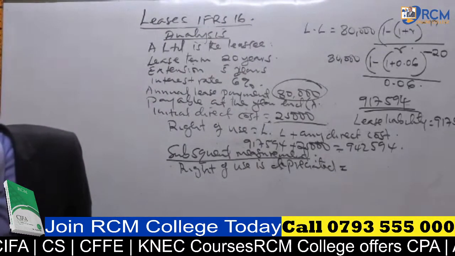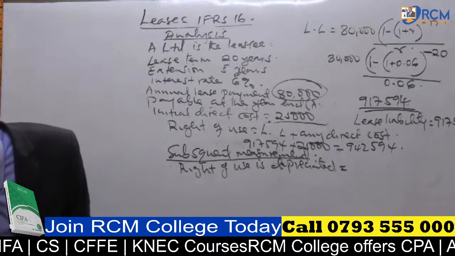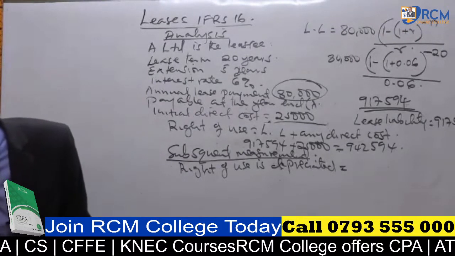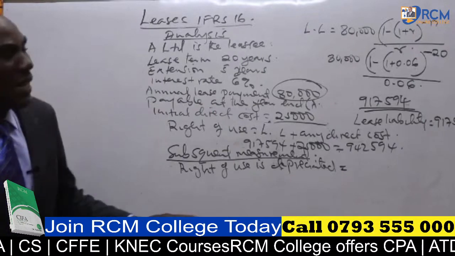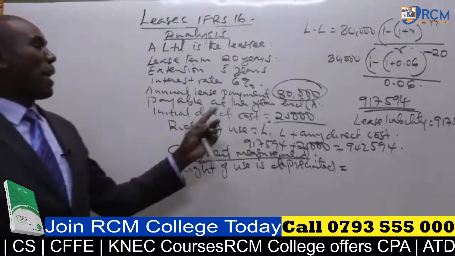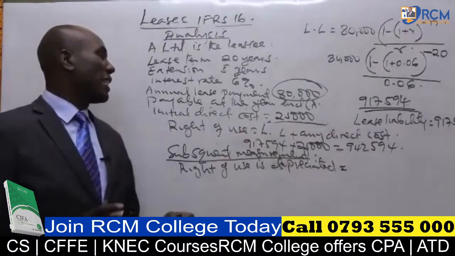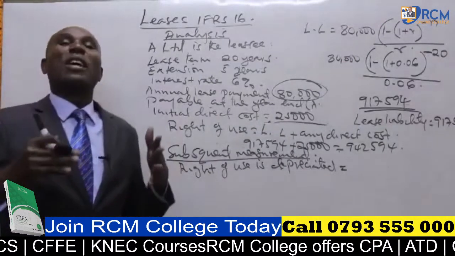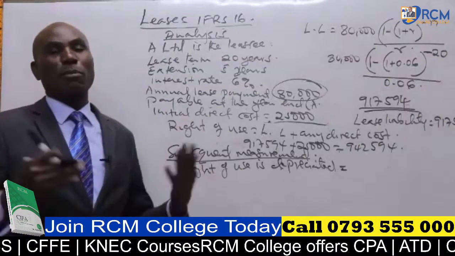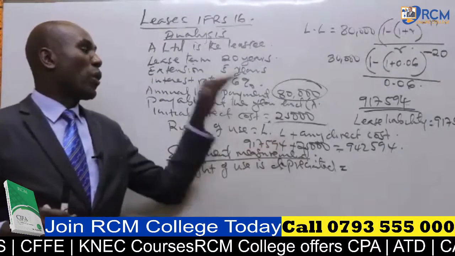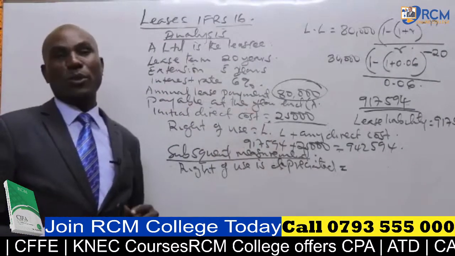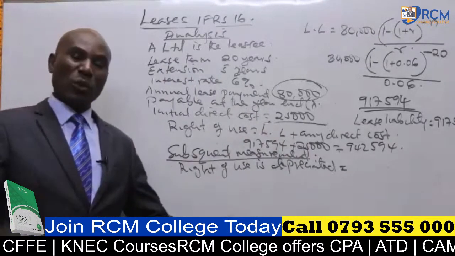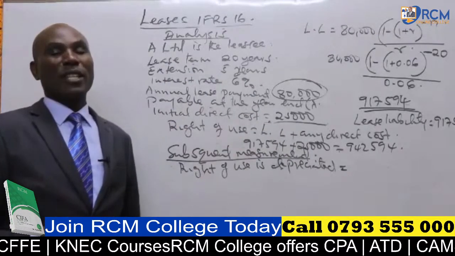Shouldn't we credit the initial payment to balance? Yes, we are adding the initial payment. This initial direct cost payment, we are adding because it's part of the cost of the asset. We add to the lease liability to increase what will be the right of use.